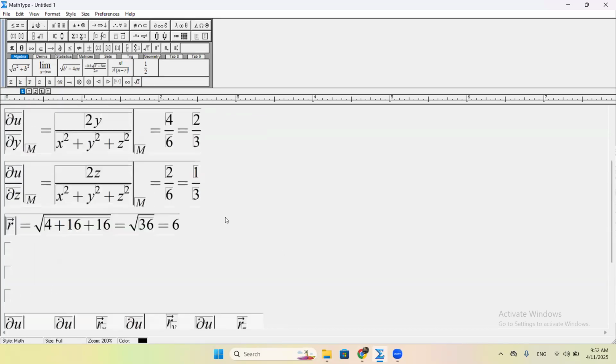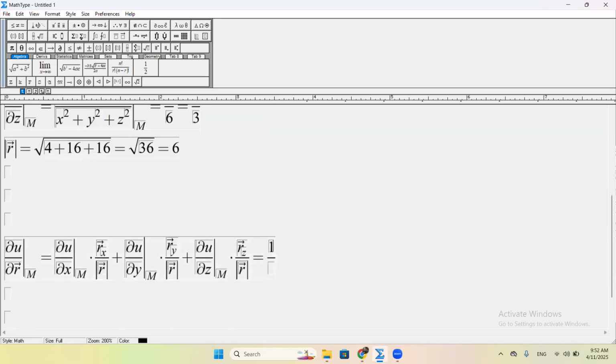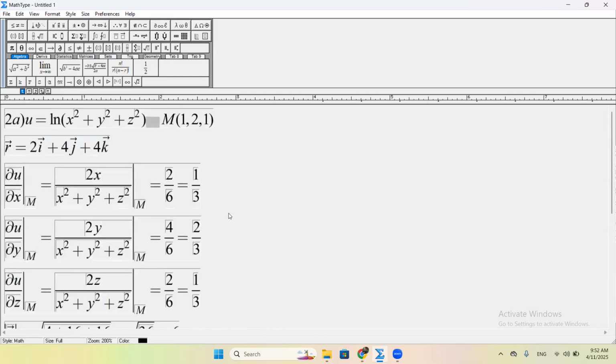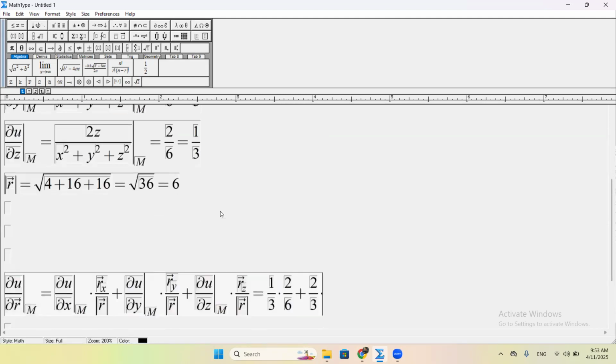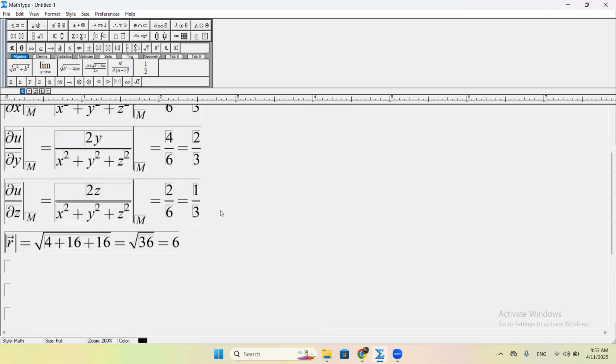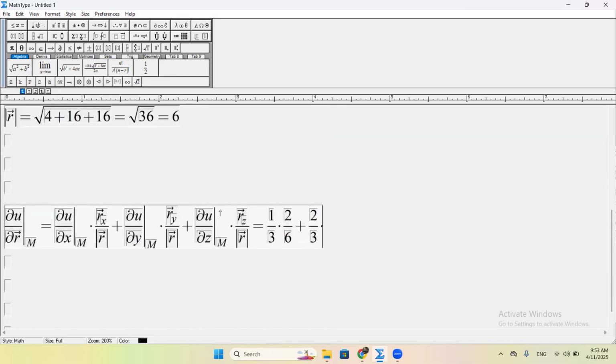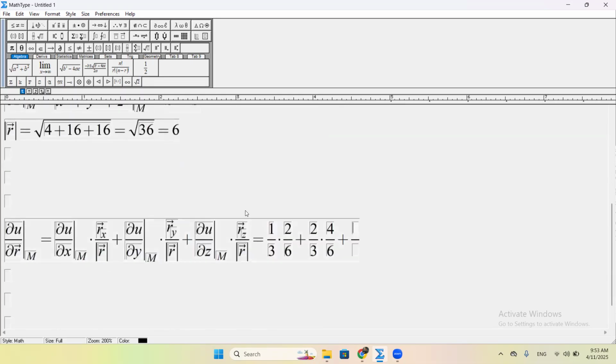So first of all, 1 over 3 multiplied by 2 over 6, plus 2 over 3 multiplied by 4 over 6, and plus 1 over 3 multiplied by 4 over 6.